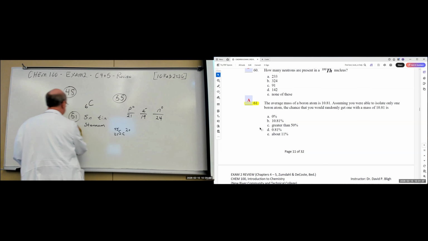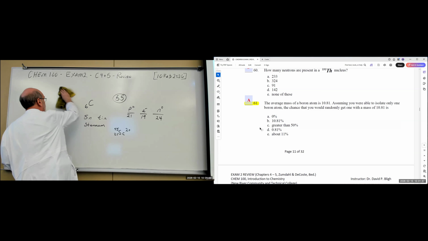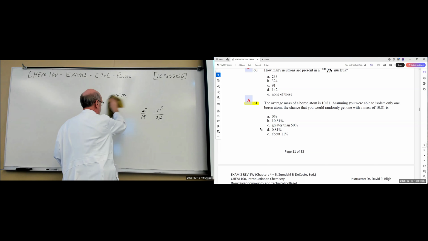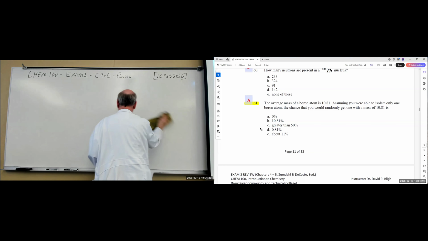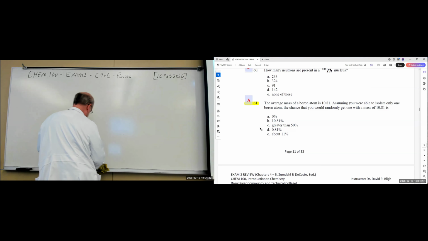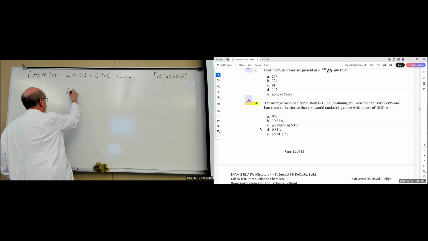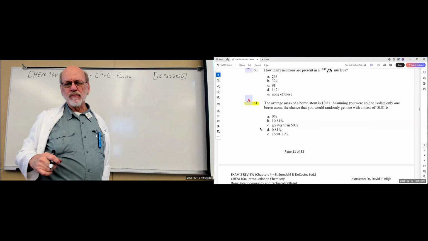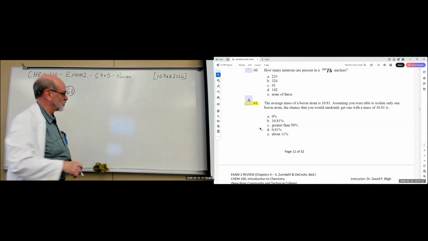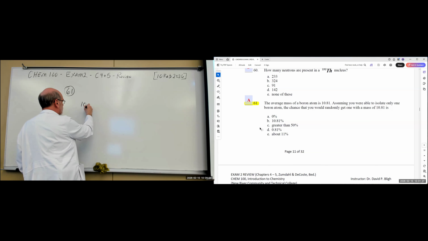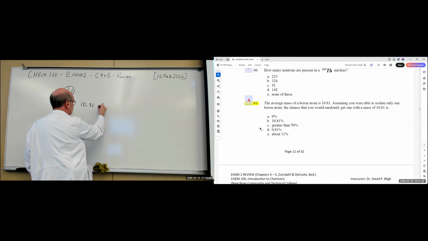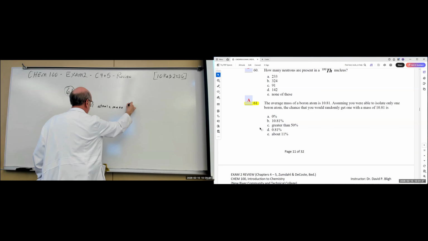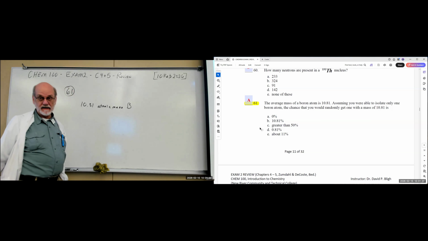Number 61. The average mass of boron atoms is 10.81. So 10.81 is the atomic mass of boron, right?